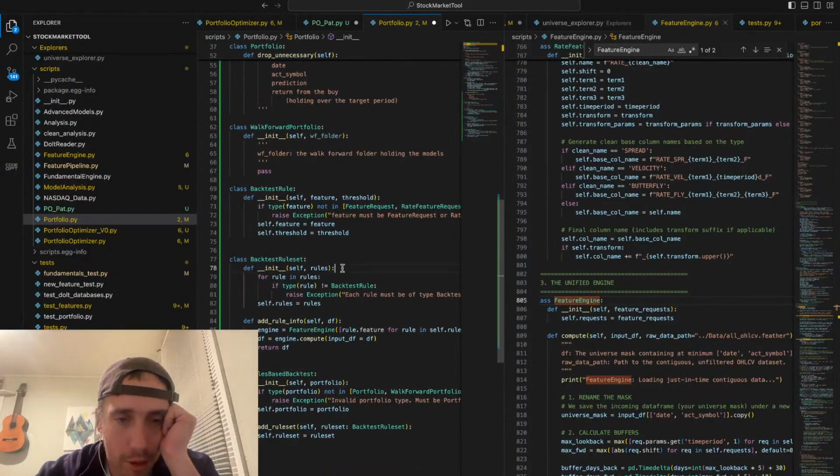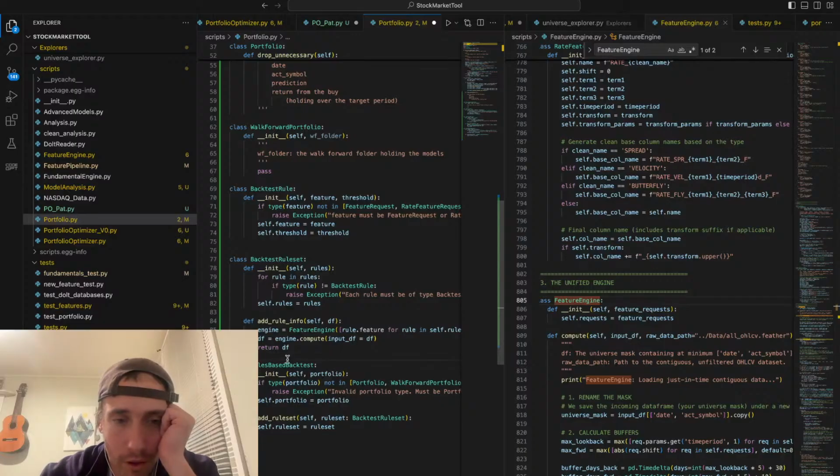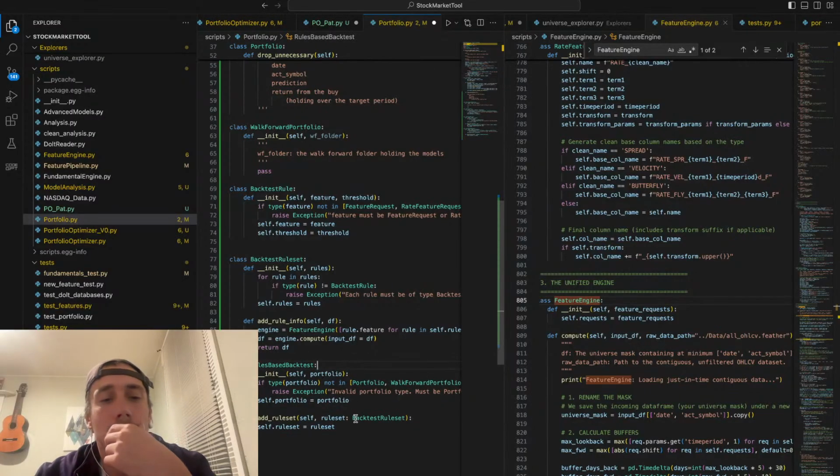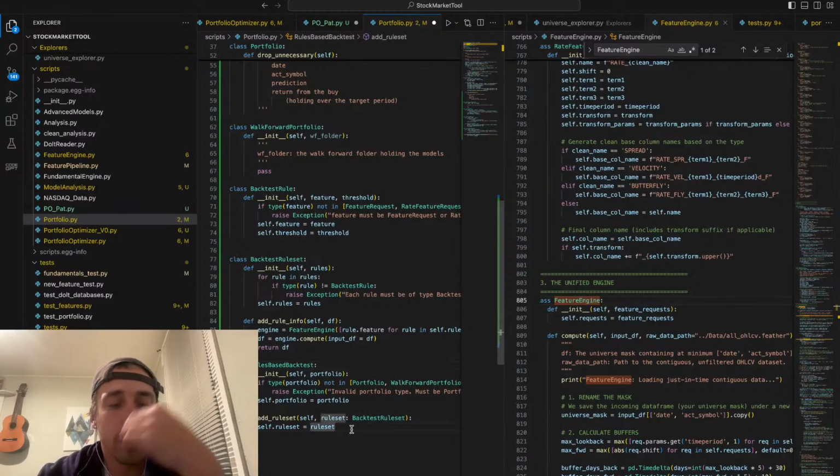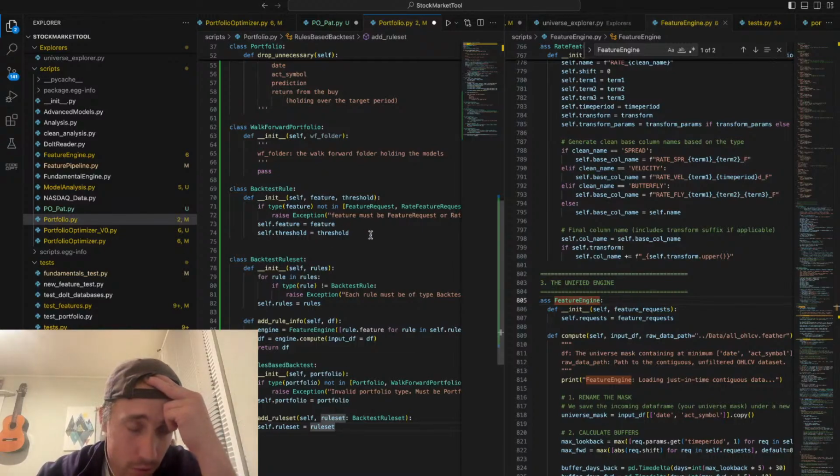Oh yeah, so I want to make some backtest rules. And then I'm going to optimize this. So this is going to be different from anything I've tried. I'm going to try to add some simple rules, and then optimize this with differential evolution. Rules-based backtest, add rule set. Yeah, so I have these rules. You can put a bunch of rules into a rule set.